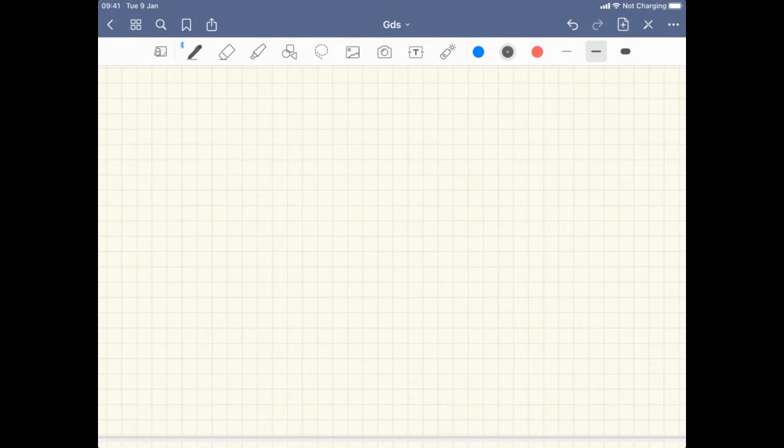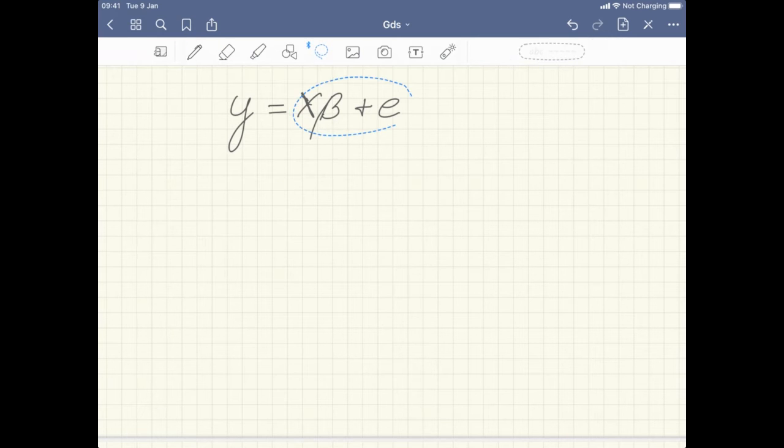So if I have a regression equation which says y is equal to x beta plus e, and let's assume for a moment that I've stuffed my intercept into x beta. Actually, we don't have to. I'll model that explicitly because that'll probably be clearer for you guys.